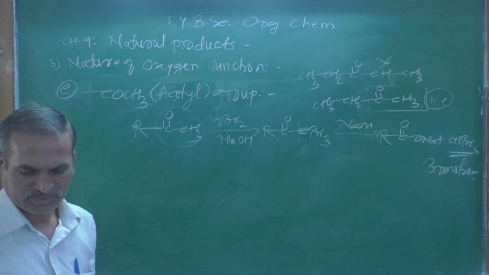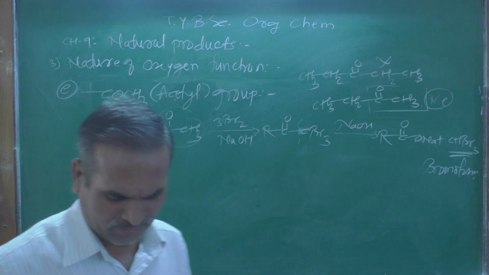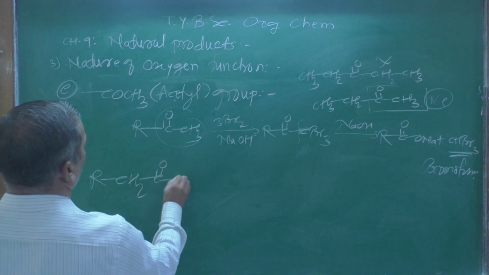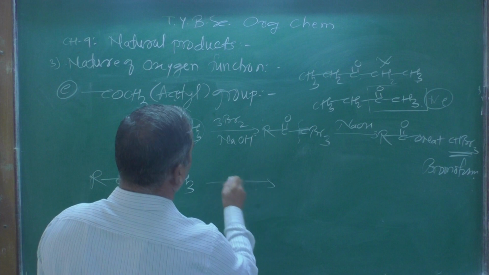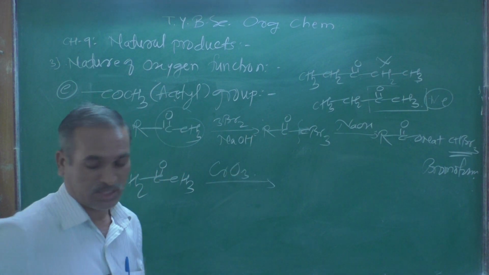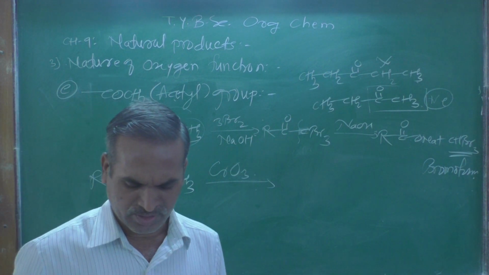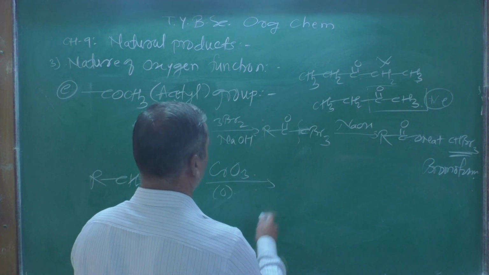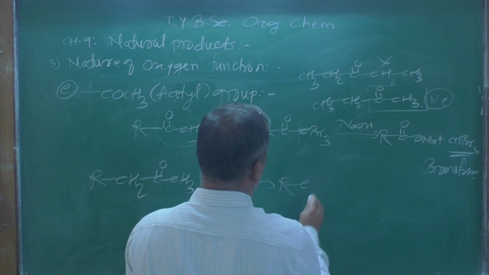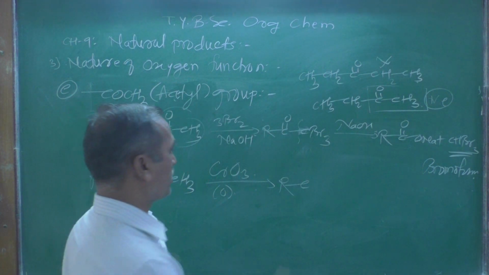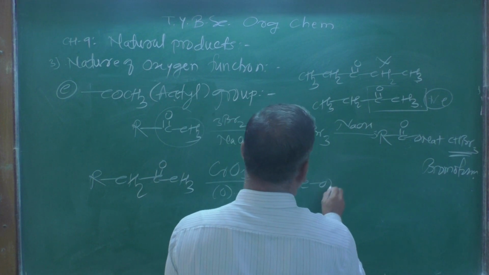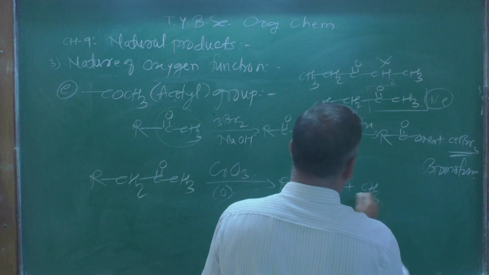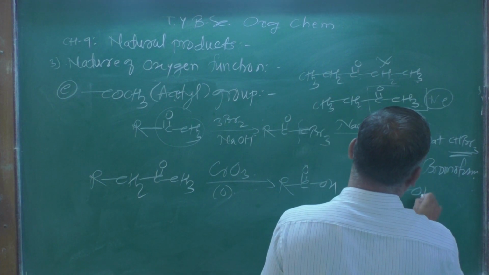And now next one, suppose we have a compound like R CH2 C double bond O CH3, when it is treated with CrO3, this is a strong oxidizing reagent, it gives the product R C double bond OH, that is an acid, as well as CH3 C double bond OH.